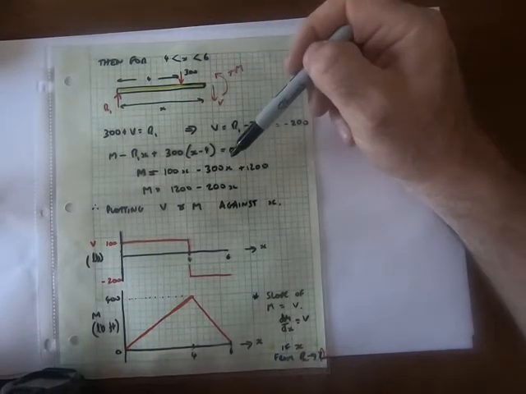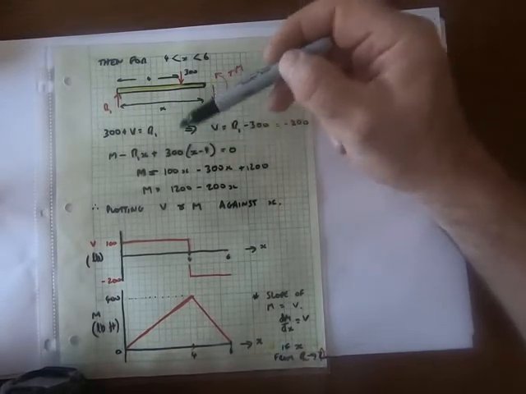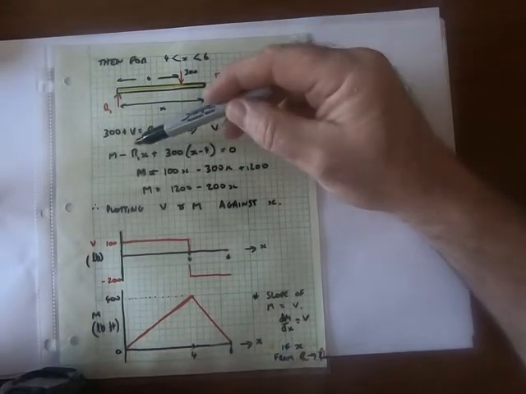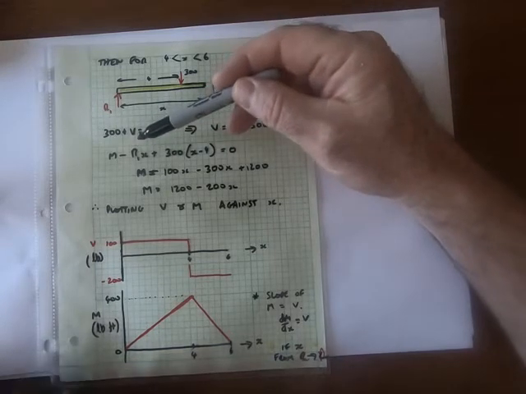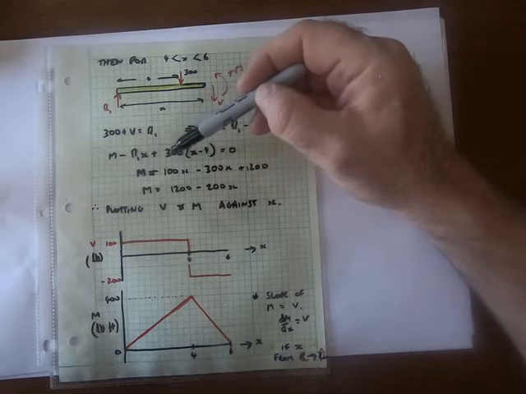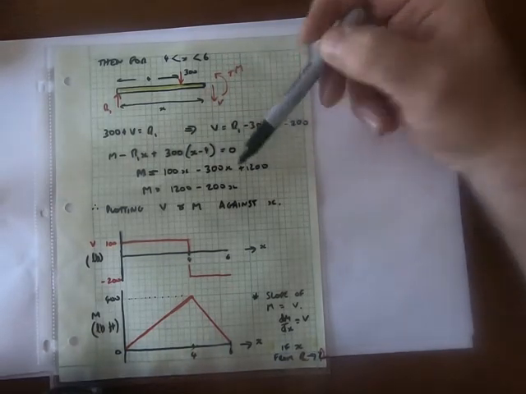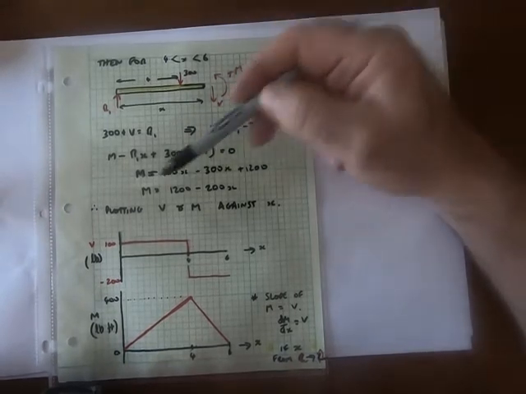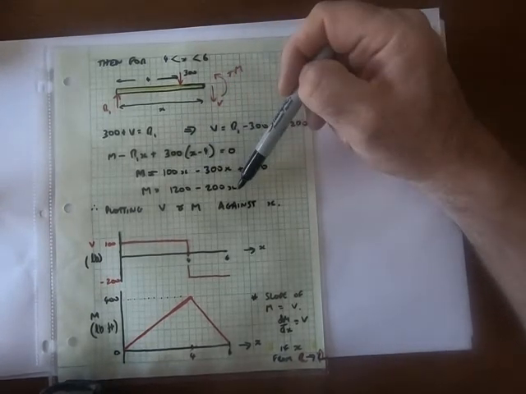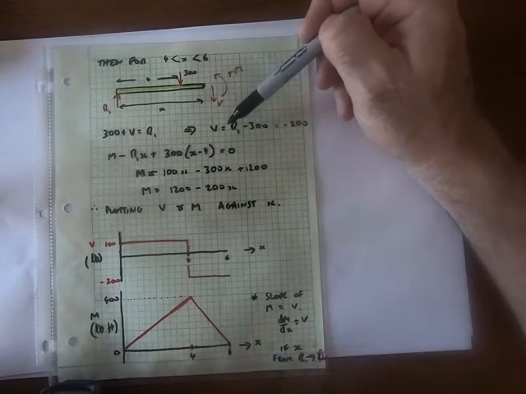Combine my like terms, solve for M. M equals 100x, so that's the 300 minus the R1, which is the 100x, or 100x minus 300x, and plus 3 times 4, 1200. So that's this equation here. So M equals 1200 minus 200 times x.